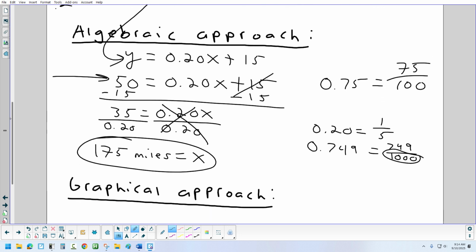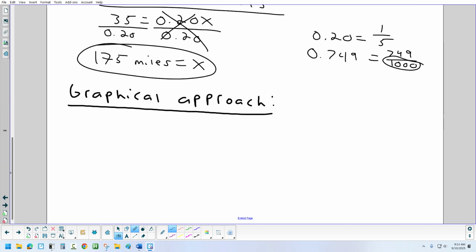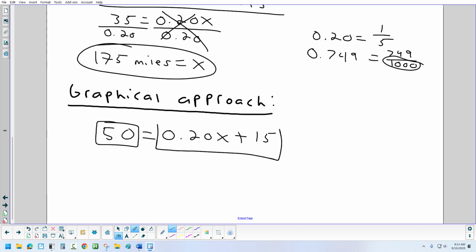50 equals 0.20x plus 15. So essentially what I have there is two different sides of an equation. This is the left side. This is the right side.